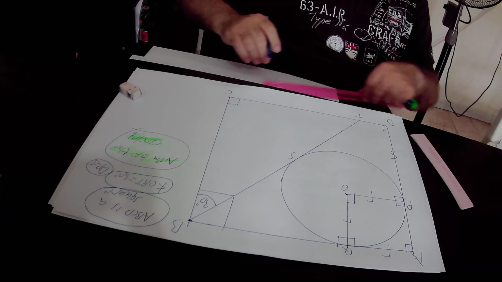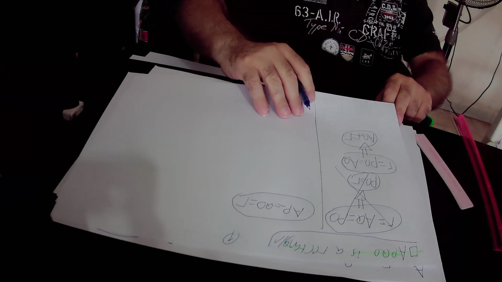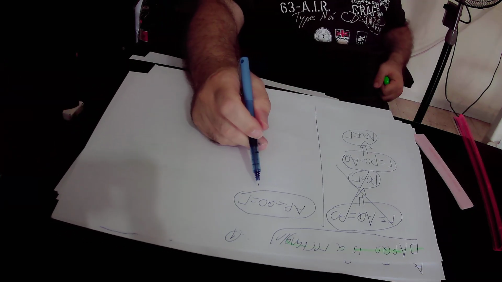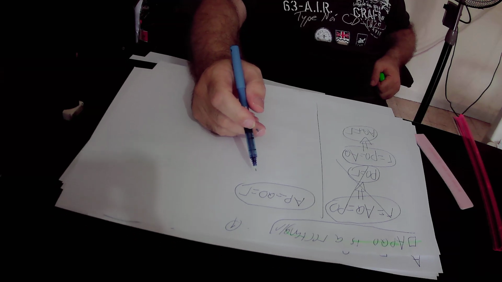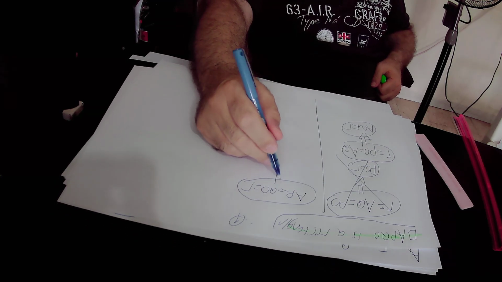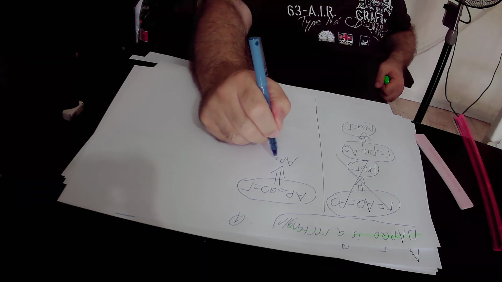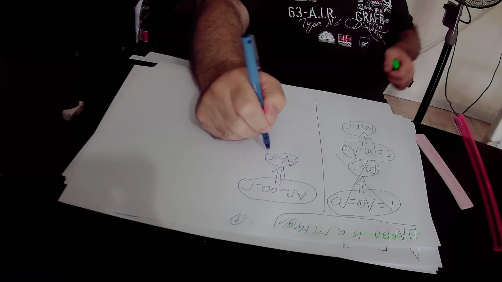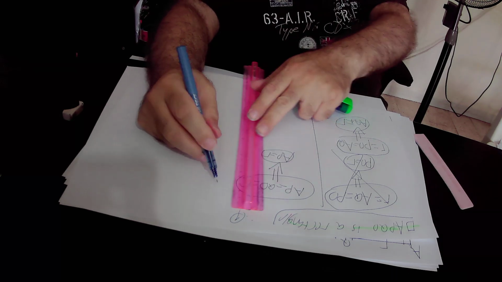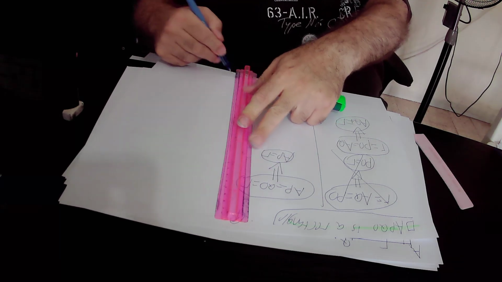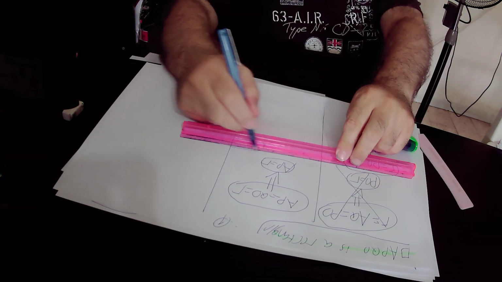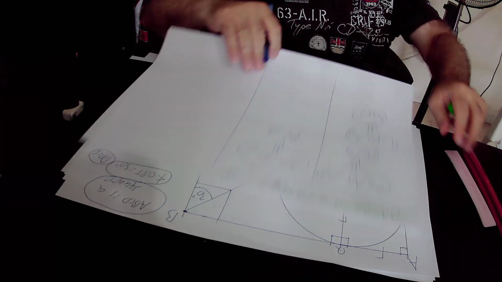And from this equation, AP equals QO equals R, we derive that AP is also equal to R. AP equals R.